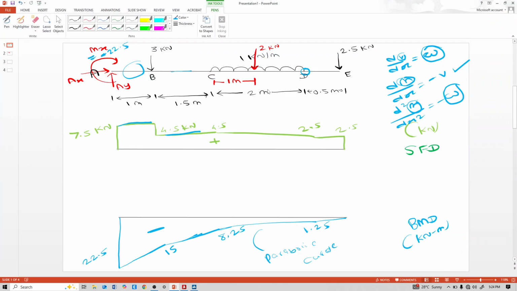Now second load is CD portion 1 kN per meter. So from A, this UDL starts from 2.5 meter and ends at 2.5 plus 2, that means 4.5 meter. Load is 1 kN per meter.